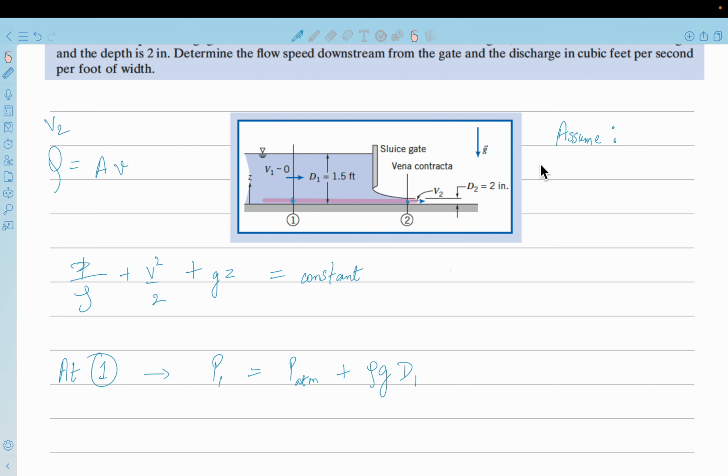Okay, so we are assuming hydrostatic pressure distribution. Even though the fluid is moving, but we say that okay, this depth is quite large, so I can in fact use the hydrostatic pressure distribution.